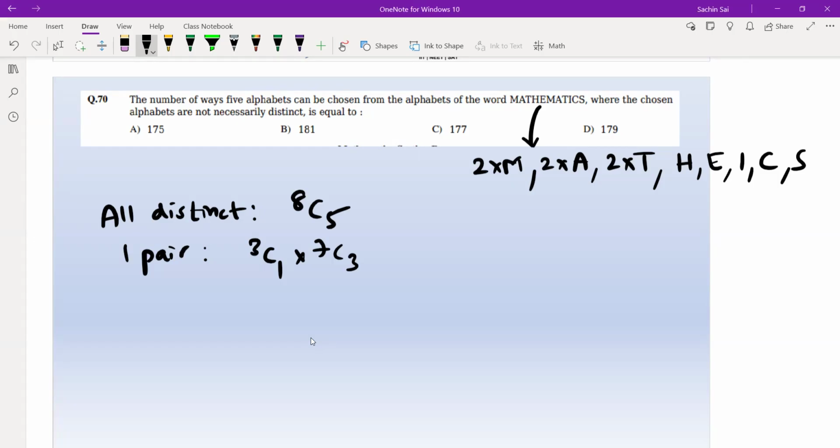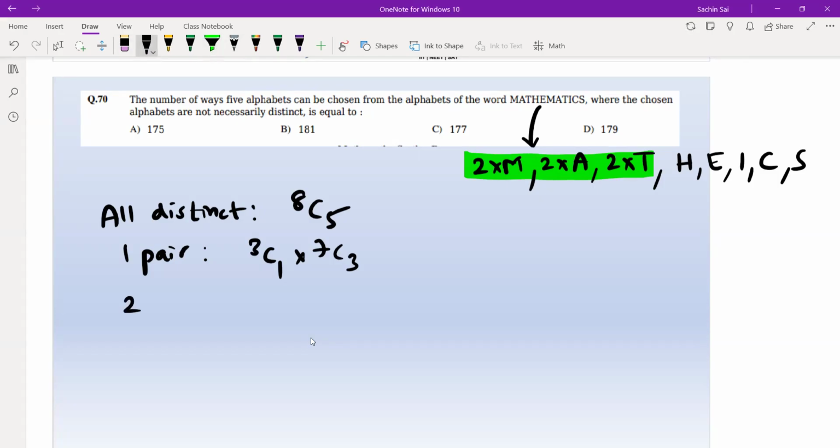This is important because out of these 3 pairs, I've chosen one pair, let us say 2 M's, but the other 3 letters can also be A or T without repetition. That is why I have to count that as 7C3.